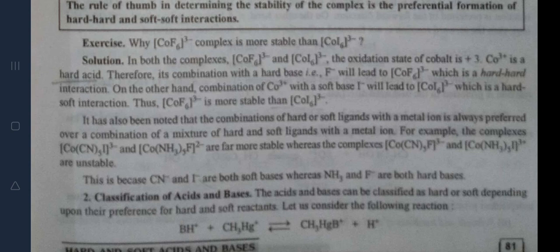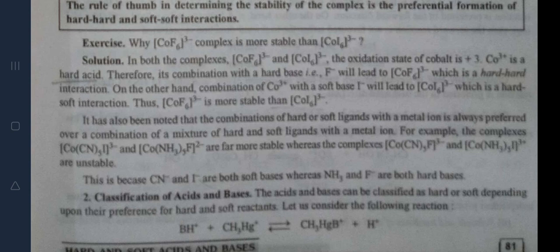Its combination with a hard base F negative will lead to [CoF6] 3 negative, which is a hard-hard interaction. On the other hand, combination of Co3 positive with a soft base I negative will lead to [CoI6] 3 negative, which is a hard-soft interaction. Thus [CoF6] is more stable than [CoI6].